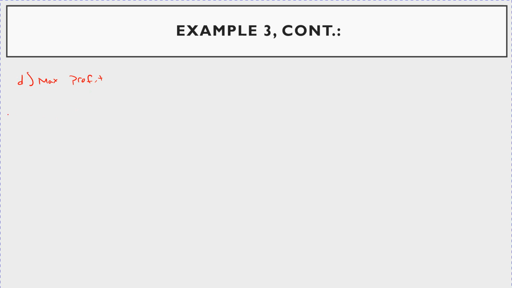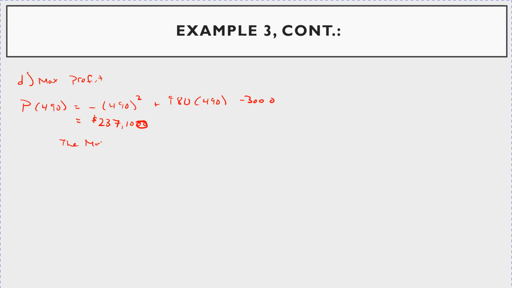You take this 490 and plug it into your profit function: minus 490 squared plus 980 times 490 minus 3,000. If you plug this into a calculator, you'll get $237,100.